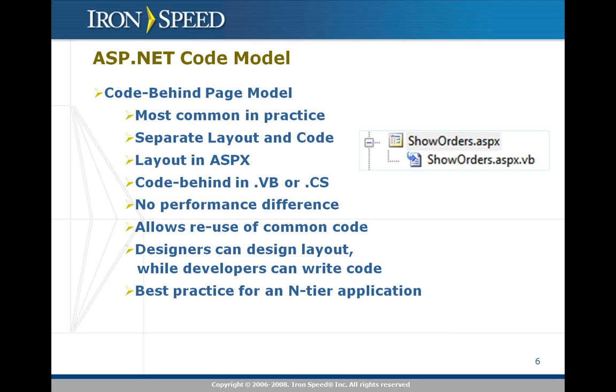There is a code behind file, and this is the most common in practice. Typically, you might see something like a .aspx file, like in this example that I'm showing you to the right. You've got showOrders.aspx, and then there is a VB or C# or some other file that corresponds to the code behind that is also included. These two files go hand in hand.